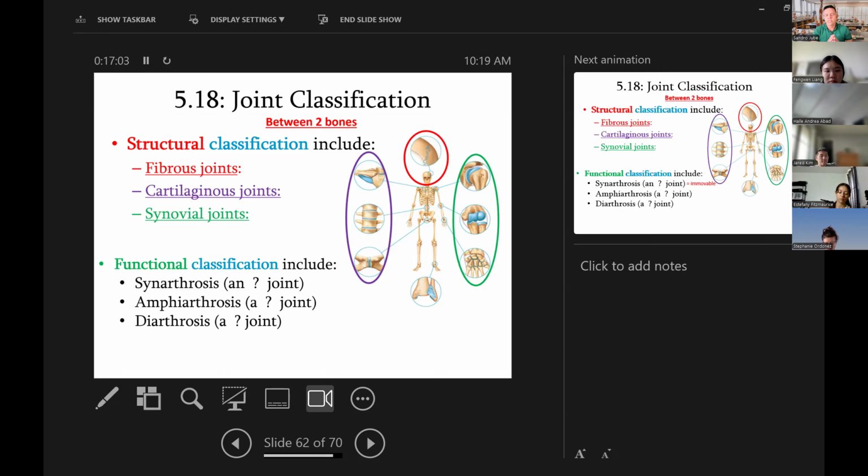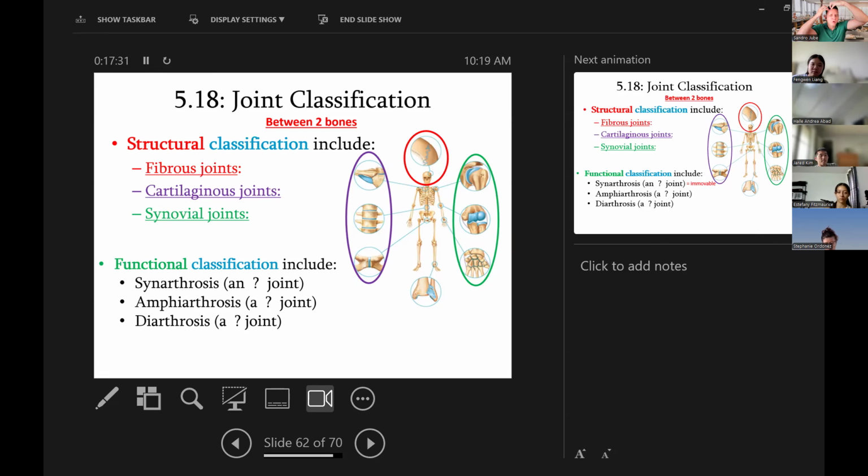For the structural classification, joints can be classified as fibrous, cartilaginous, or synovial. I'm showing you here in a circle some examples of each one of them. For example, we have a fibrous joint, which is the joint in between the cranium plates. Those joints, guys, are completely immovable.